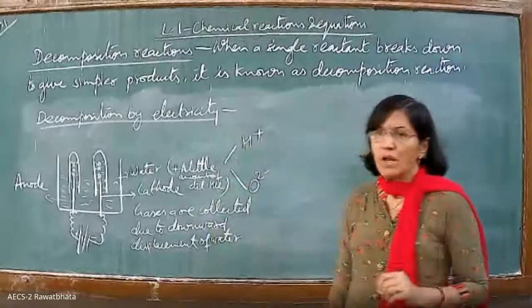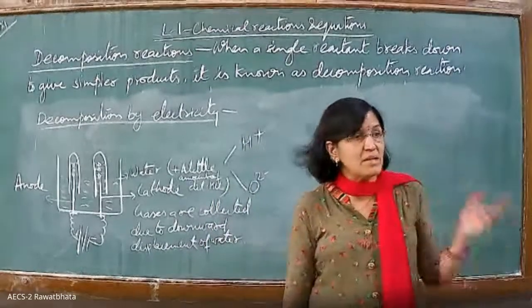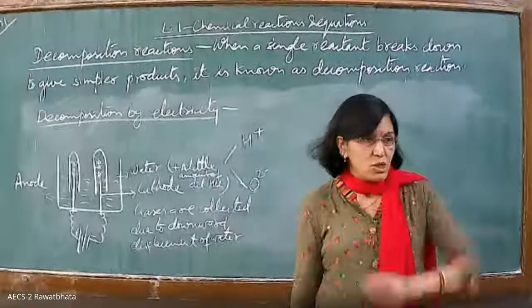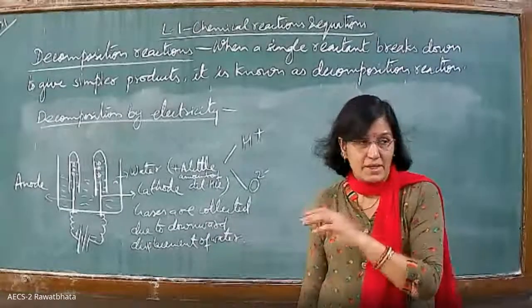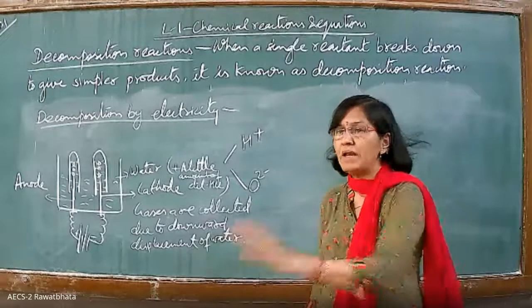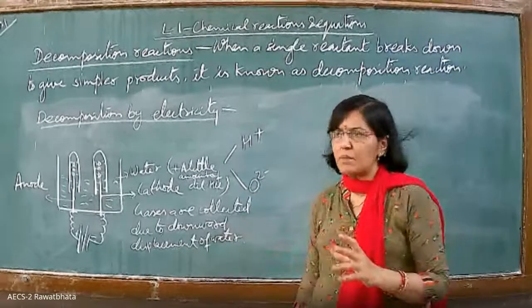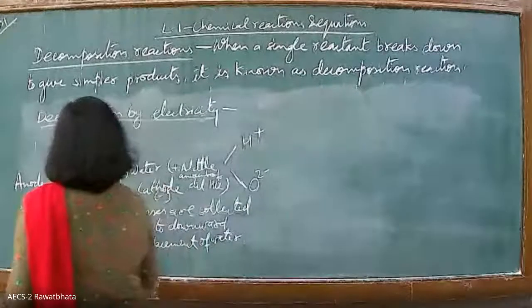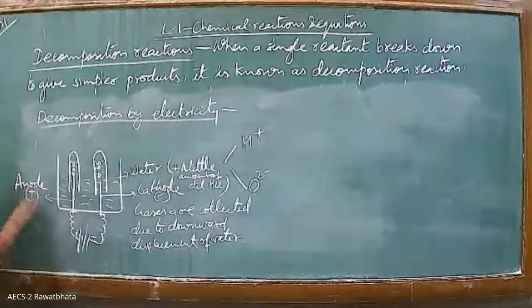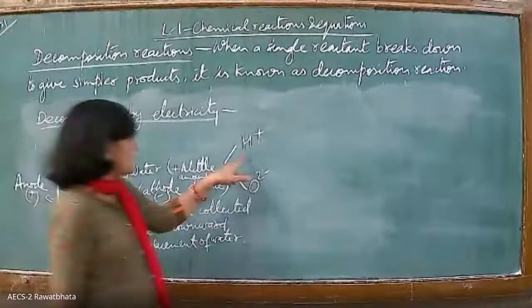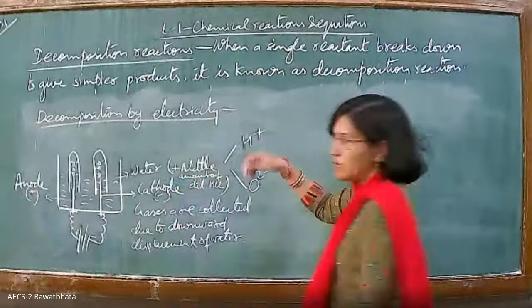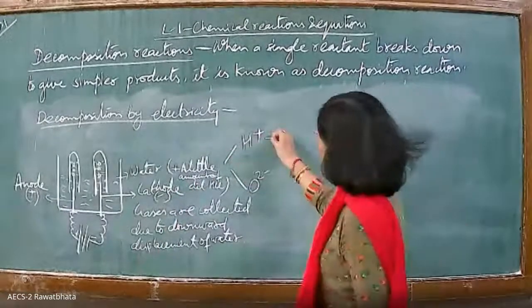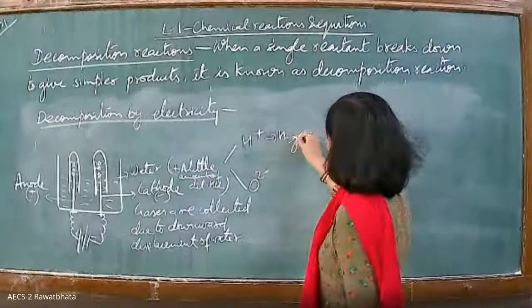Now common sense, opposites attract. This positive ion is going to go towards which terminal? Negative terminal. And what is the negative terminal here? Cathode. And what is the positive terminal? Anode.